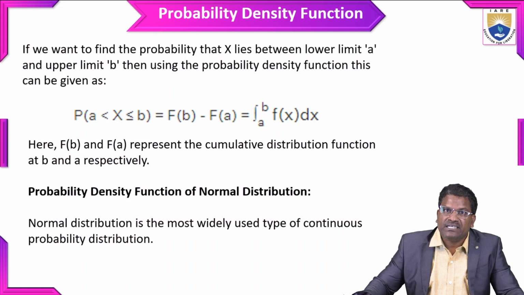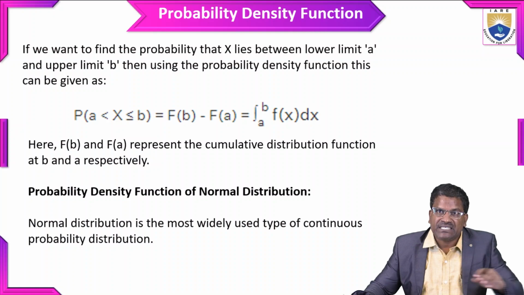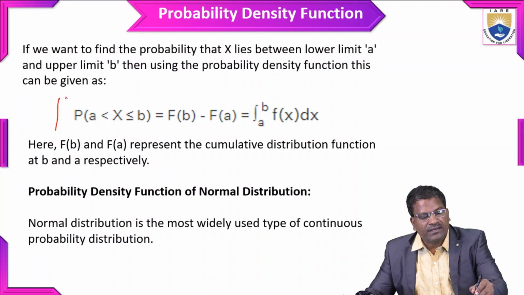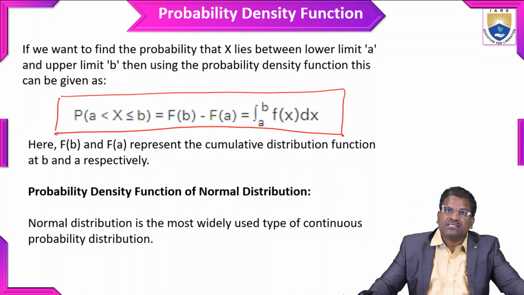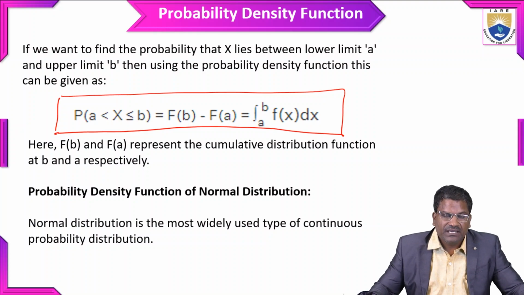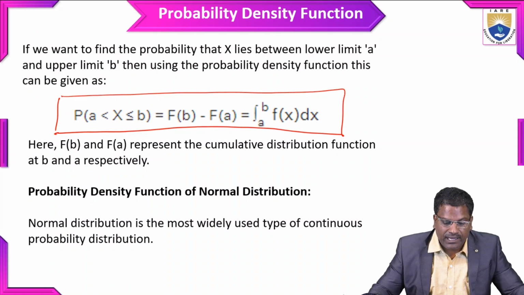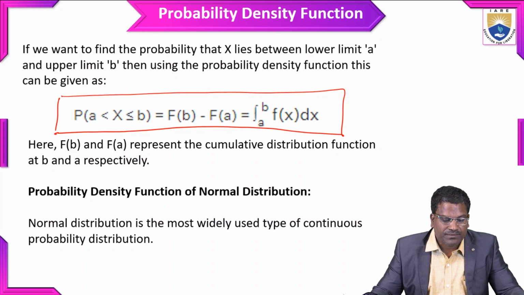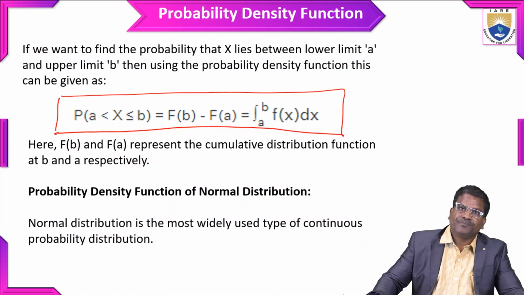So totally it gives us the result of the integral from a to b of f of x dx. So this entire place gives us some area. Here capital F of b and capital F of a represent the cumulative distribution function at b and a respectively.